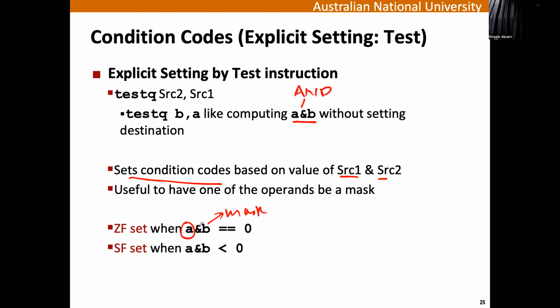We can create a mask where the most significant bit is 1, for instance. We do an AND with A, and it tells us something about A. So if A AND B equals 0, then the zero flag is set. If A AND B is less than 0, then the sign flag is set. So we can create a mask, apply it to a number stored in A, and then the result tells us something about A.